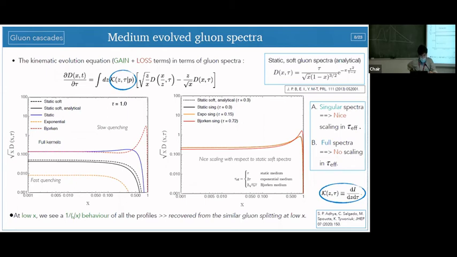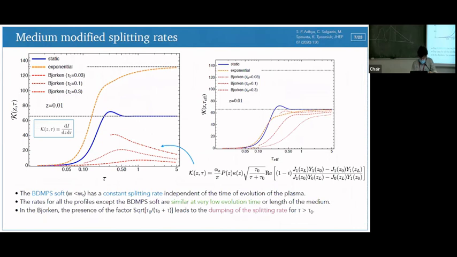But I wonder if you consider whether that's always the right thing to do, because if you go back 1 or 2 slides, look for example at the plot for the static rate. What you see there is that it grows because that's the formation time of the gluon.